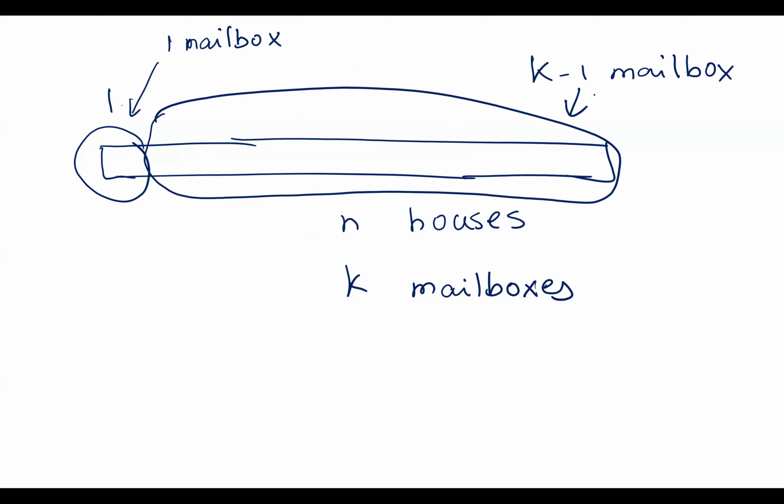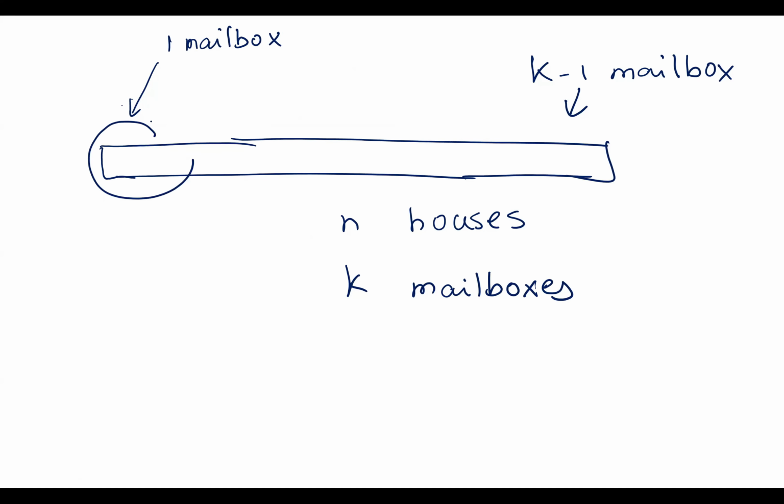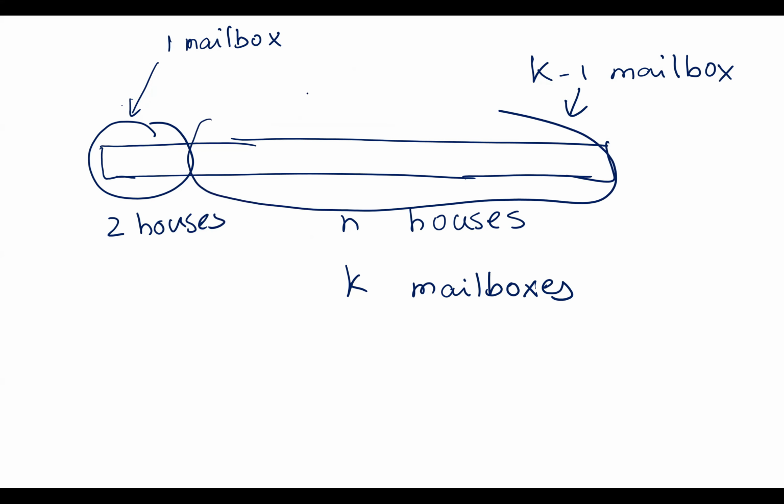So basically, we are trying to solve it in a brute force manner. That means trying to create all sorts of groups, right? And then we can just make this group bigger. Let's say we make this group bigger, 2 houses, and then 1 mailbox here, and n minus 2 houses and k minus 1 mailboxes here, right?